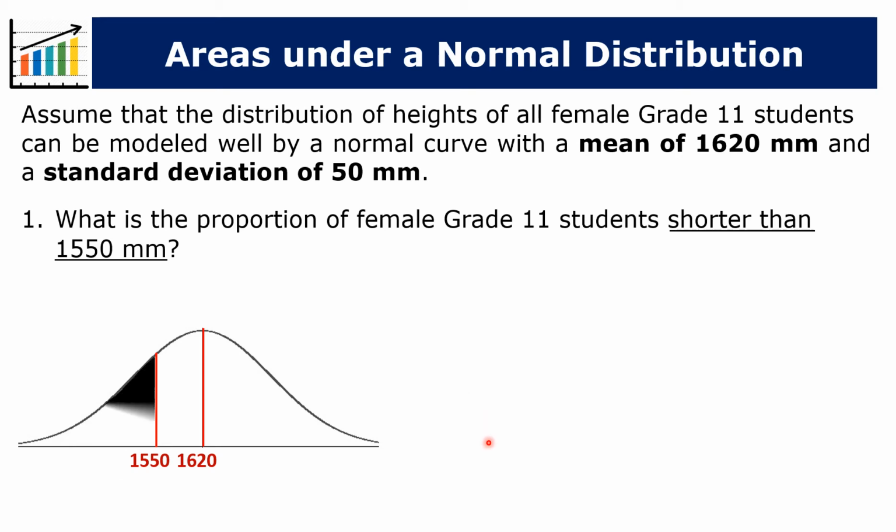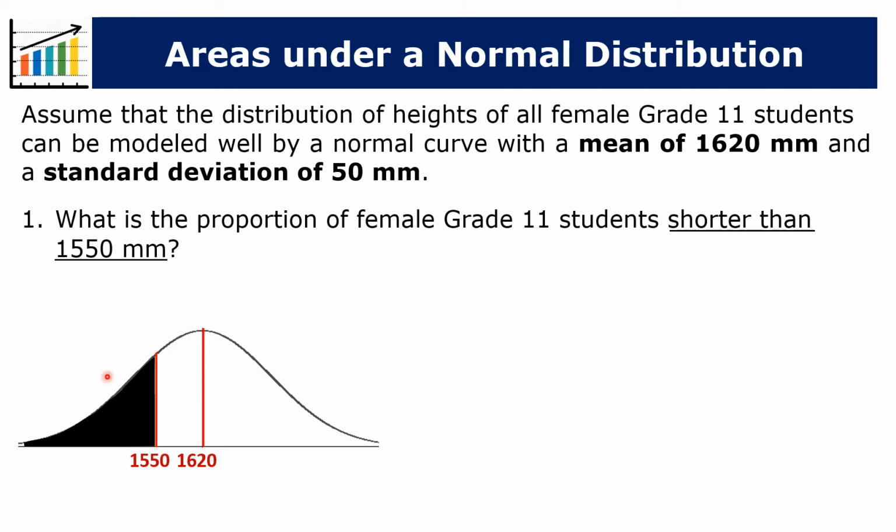Now, we are looking for the proportion where the female grade 11 students are shorter than 1,550 millimeters. So in this case, we are looking for the area to the left of 1,550.